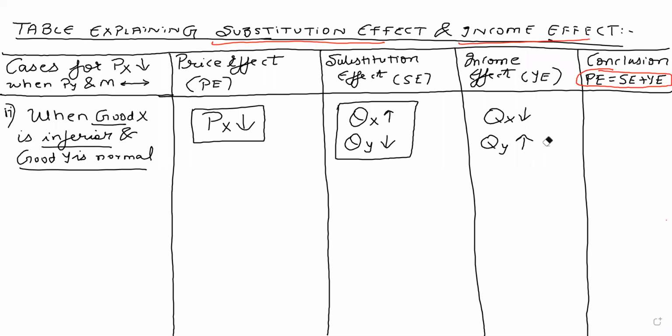Now let's combine the two effects. Let's combine the two effects. So guys, let's first talk about QI. If you talk about QI, QI is again ambiguous. QI is ambiguous. It will fall, rise, or remain constant depending on which effect is stronger.